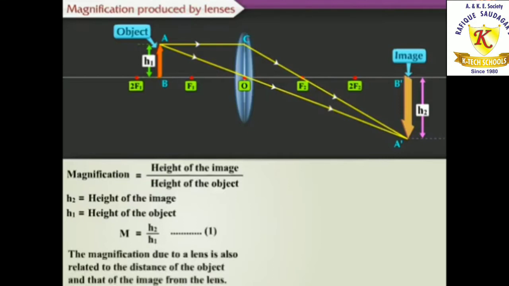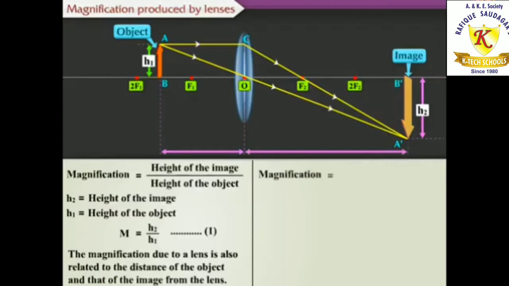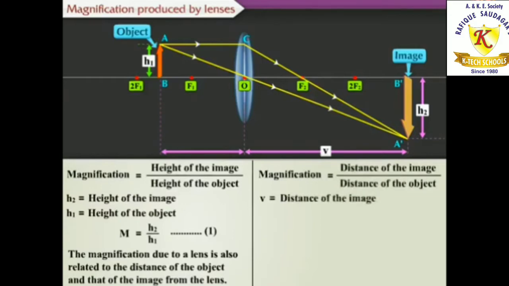The magnification due to a lens is also related to the distance of the object and that of the image from the lens. So, magnification is equal to distance of the image upon distance of the object. That is, m is equal to v upon u, where v is the distance of the image and u is the distance of the object.